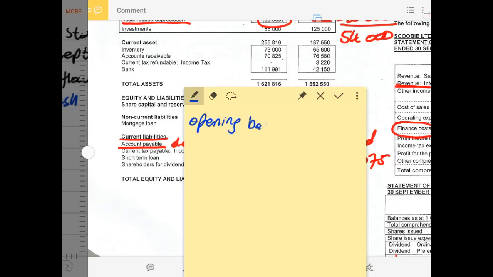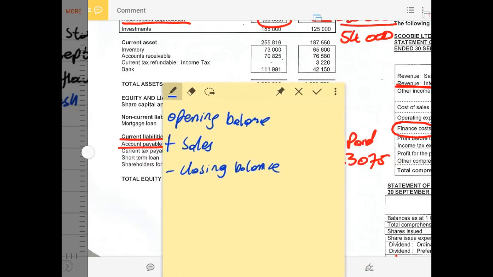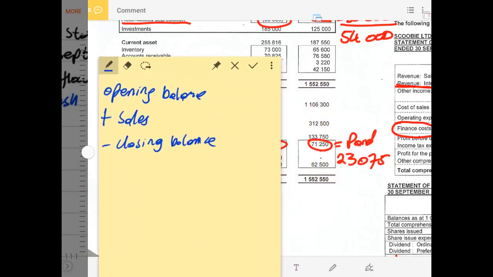Our account receivables opening balance plus sales minus closing balance. This will give us cash that was received from customers.